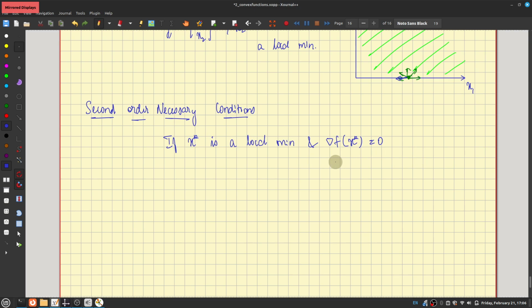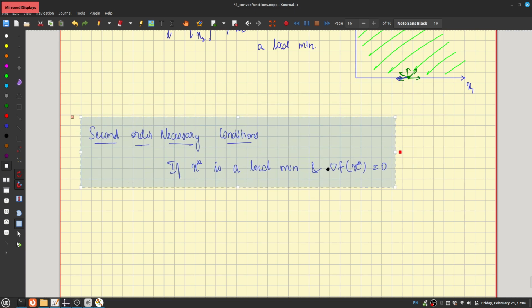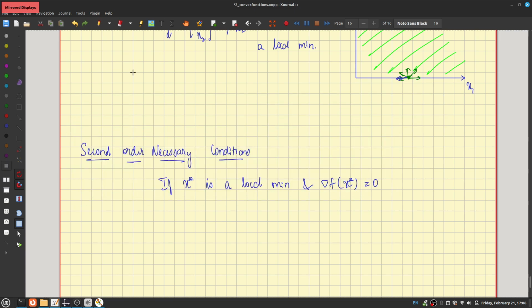So, to give you a concrete example, let's take omega to be the set of all non-negative real numbers, 0 to infinity, and f of x equal to x cube.